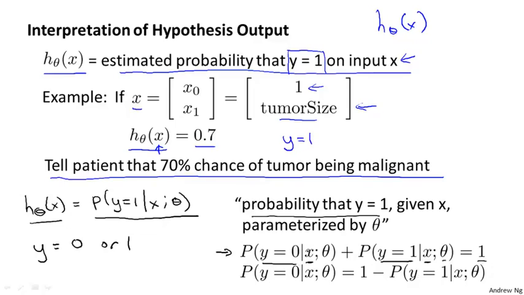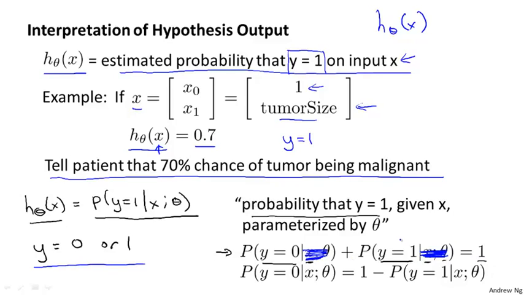If this equation looks a little bit complicated, feel free to mentally imagine it without that x and theta. And this is just saying that the probability of y equals 0 plus the probability of y equals 1 must be equal to 1. And we know this to be true because y has to be either 0 or 1. And so the chance of y being equal to 0 plus the chance that y is 1, those two must add up to 1.